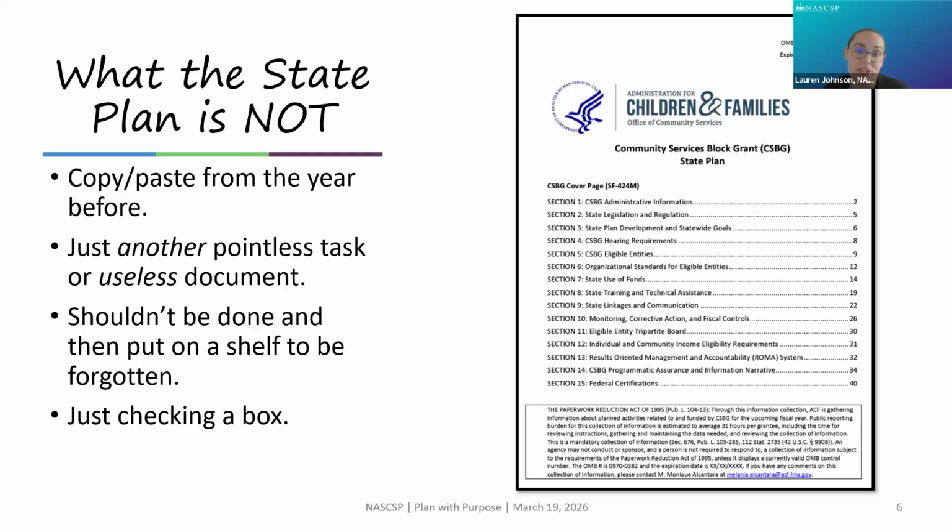The state plan, again, isn't just another pointless task or another useless document. Your state plan is an opportunity to identify important activities and initiatives that you want to accomplish at the state. Just as with an eligible entity's strategic plan, it shouldn't be completed for requirement's sake and stored away, never to be thought of or looked at. The state plan is a great opportunity to engage the network in conversations about their goals and objectives in order to find ways that the state can be supportive.